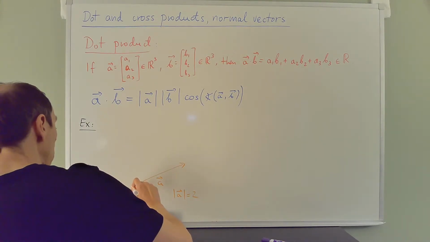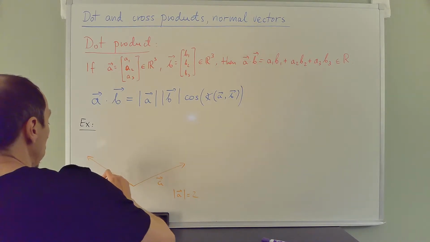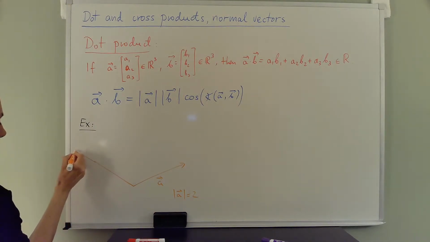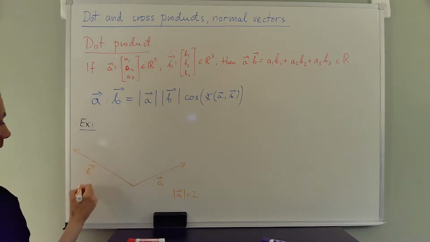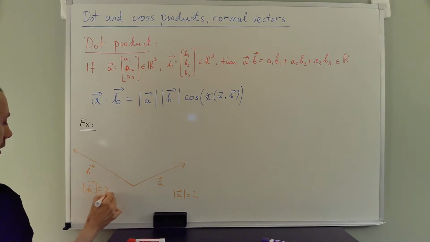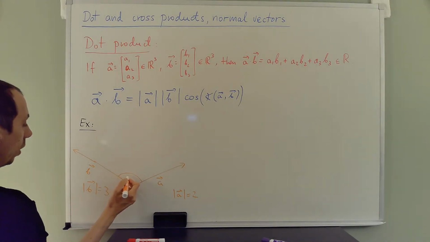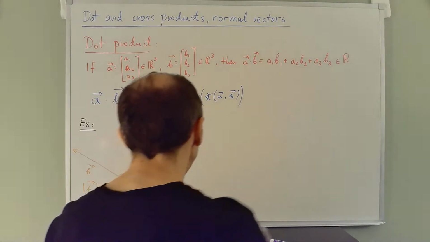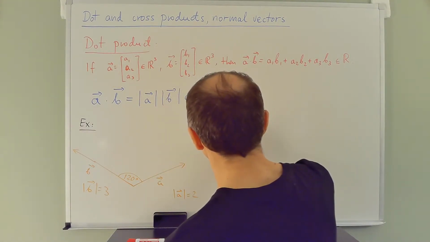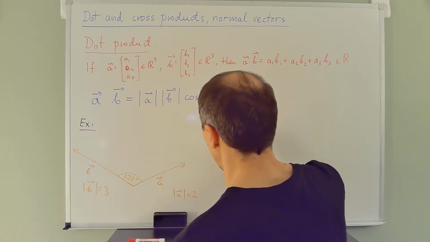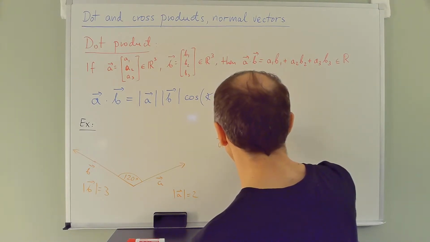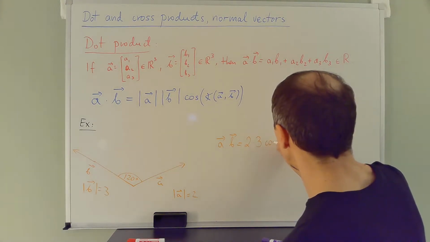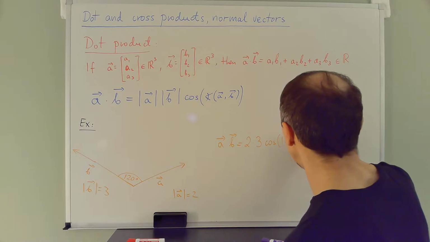And another vector, B, let's make it a little longer, so that the length of the vector B is 3, and suppose that the angle here is 120 degrees, then the dot product is going to be the length of A times the length of B, now this is just times, not the dot product, times cosine of 120 degrees.